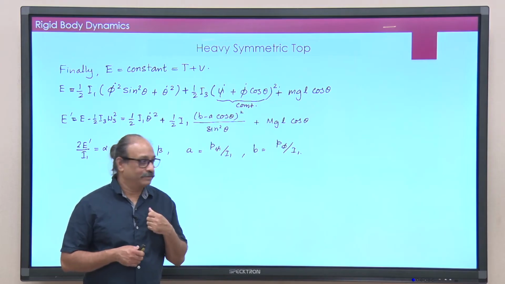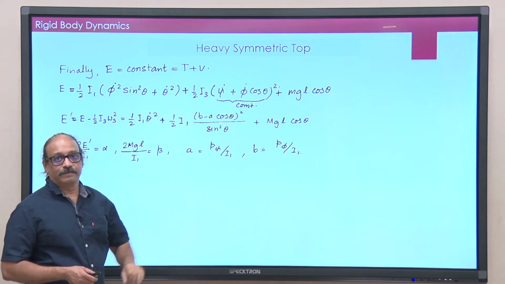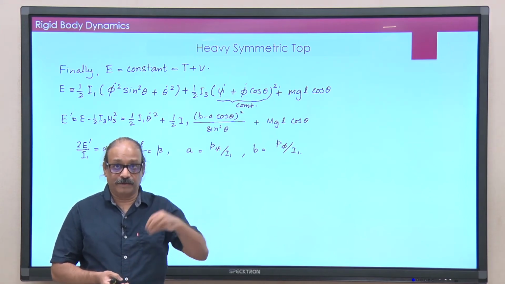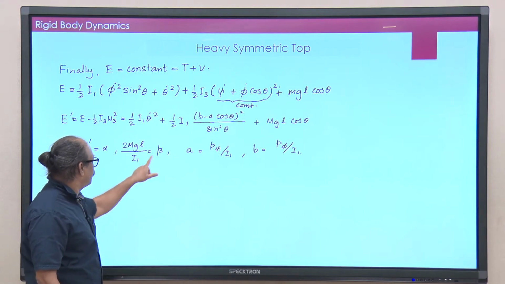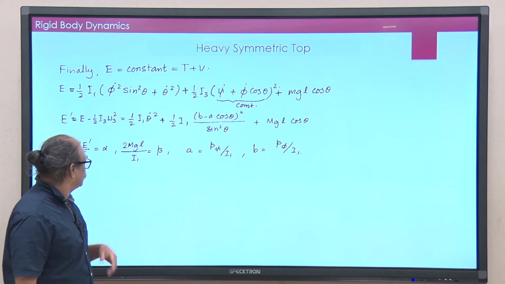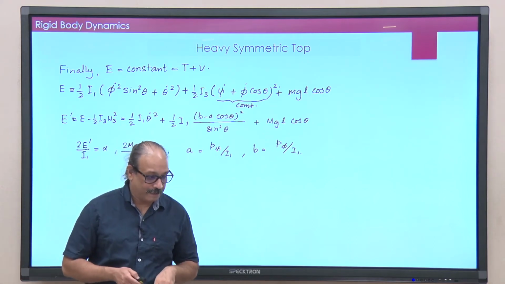So, now you have just these 3 constants, alpha, a and b, which depend on initial conditions, because you are going to fix those initial speeds and total energy. Beta of course is just the constant of the body, so it is mgl by I 1. Everything is constant there.